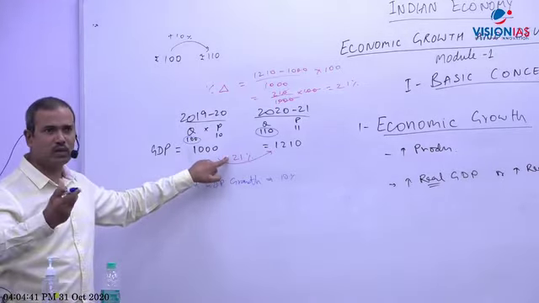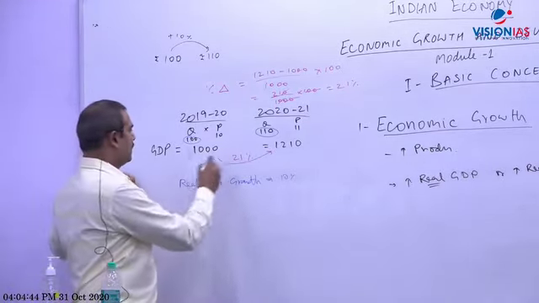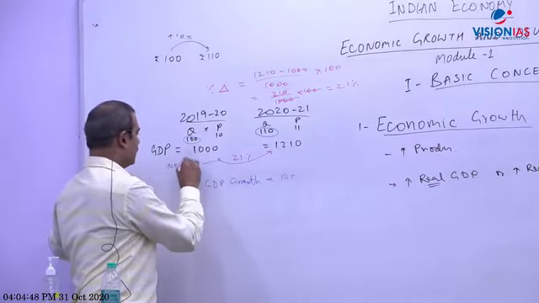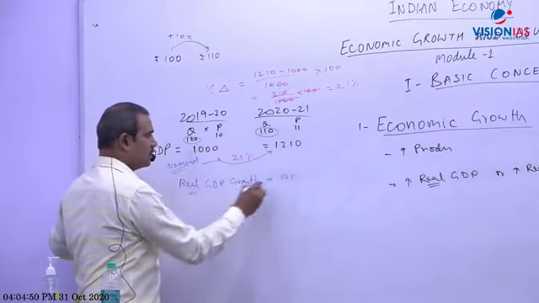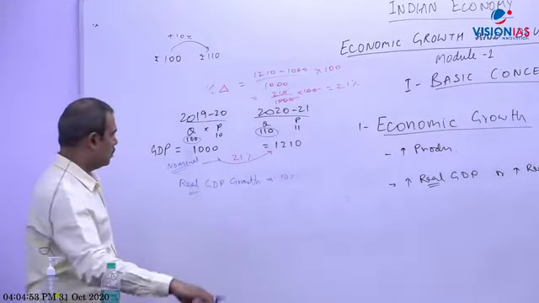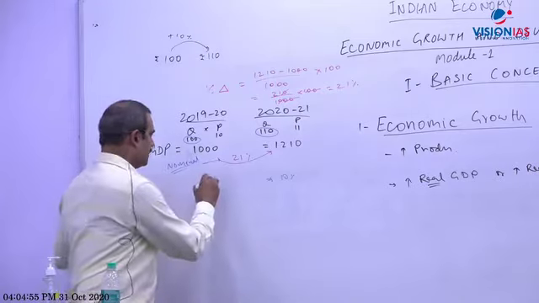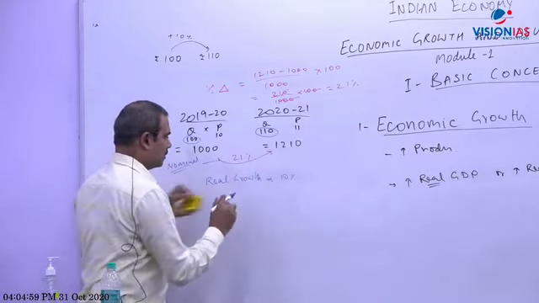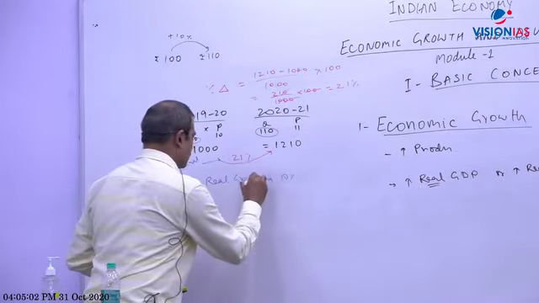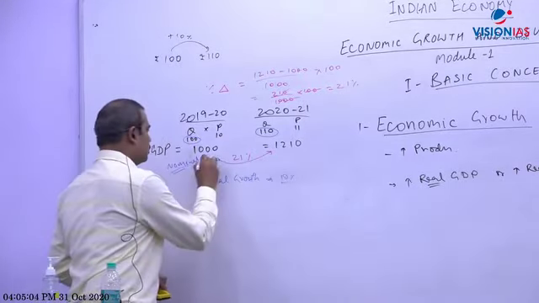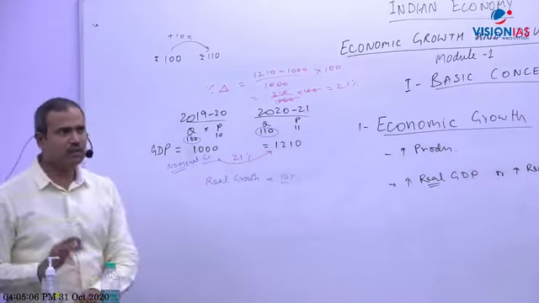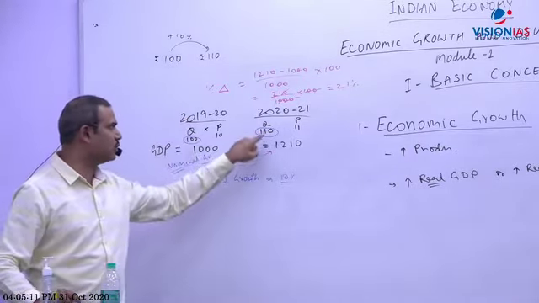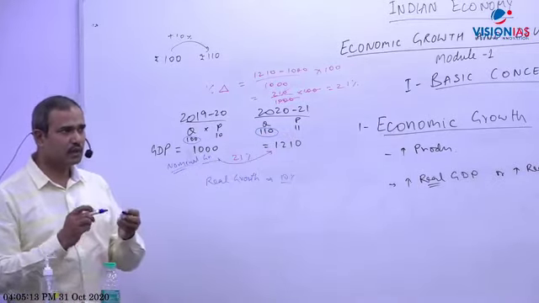It is money value only. Nominal means money value, because it includes the increase in production as well as the increase in price.